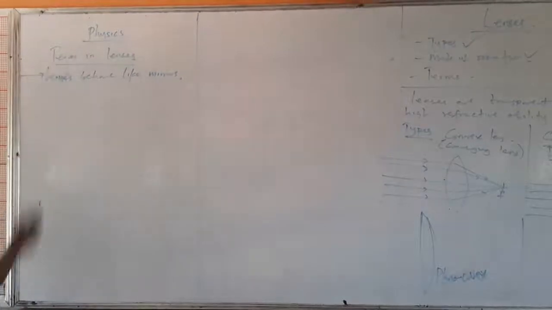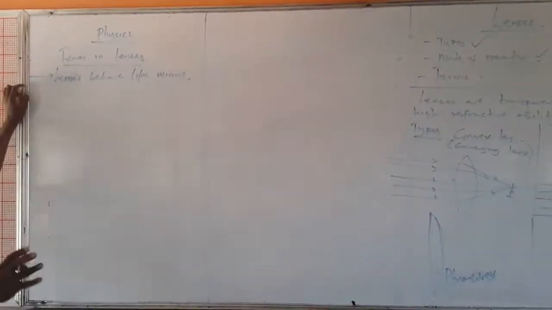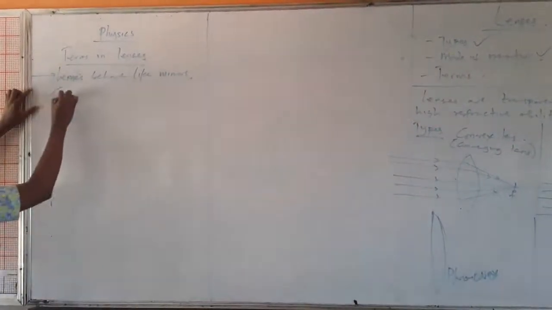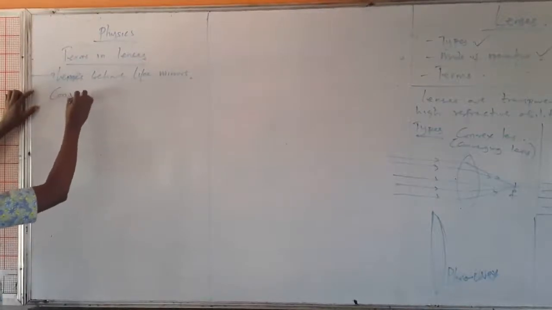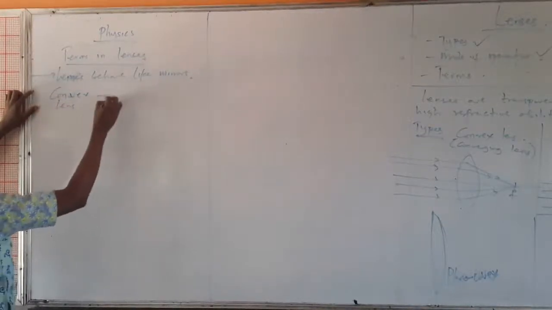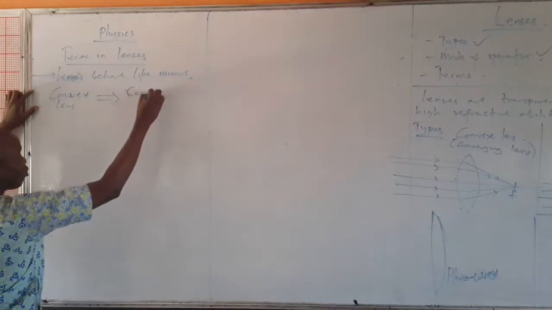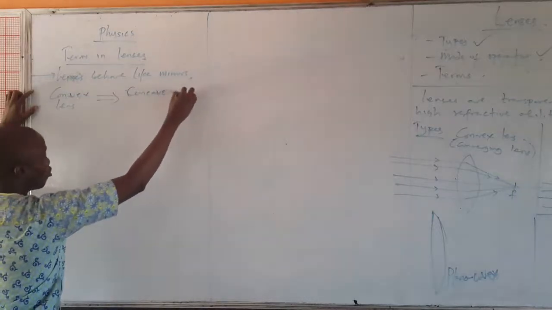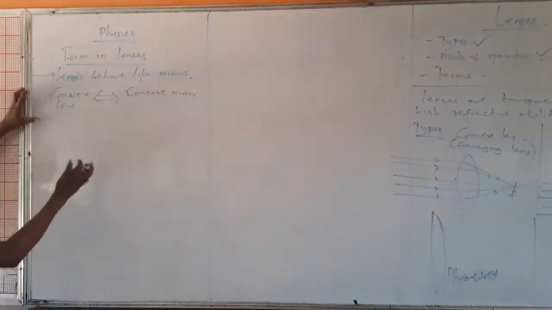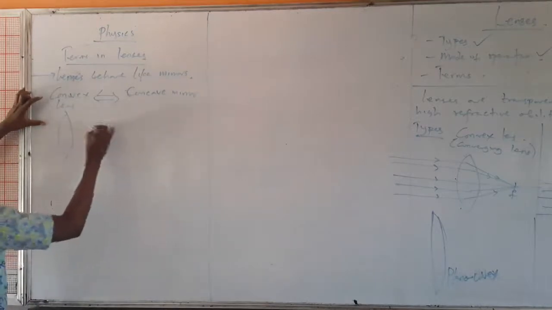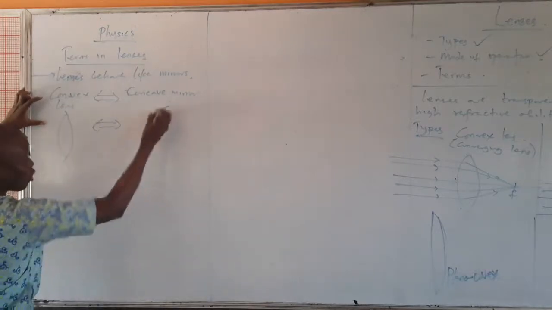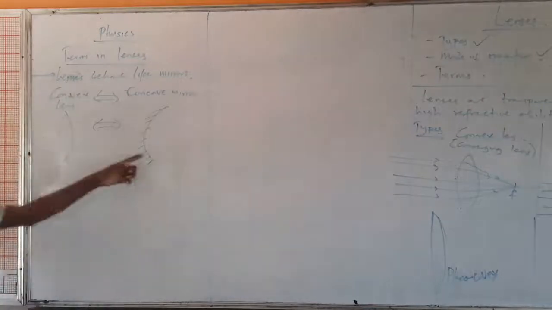But not just ordinary mirrors. The paradox here is that your convex lens behaves directly like a concave mirror. They have the same property. This is your convex lens behaving the same way as your concave mirror. They behave the same way.